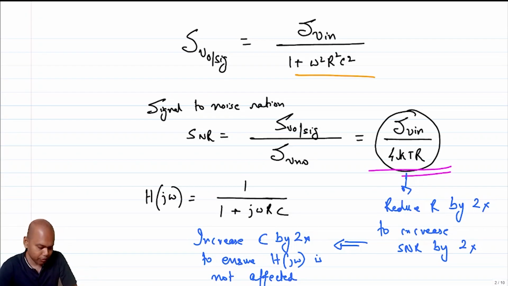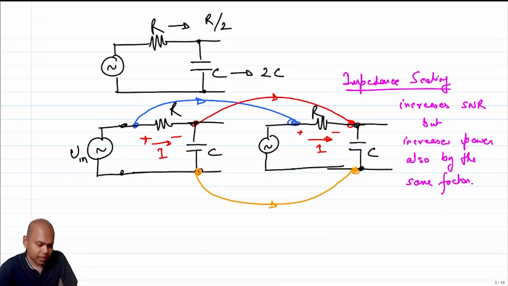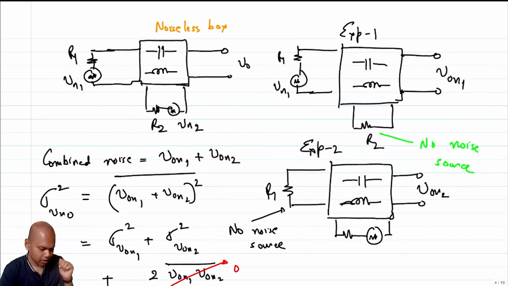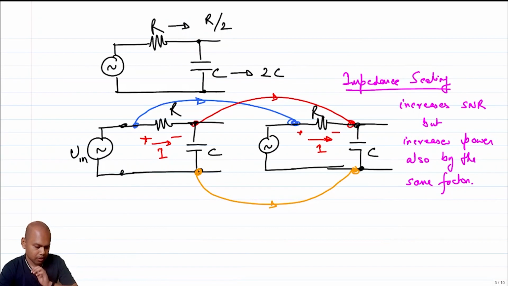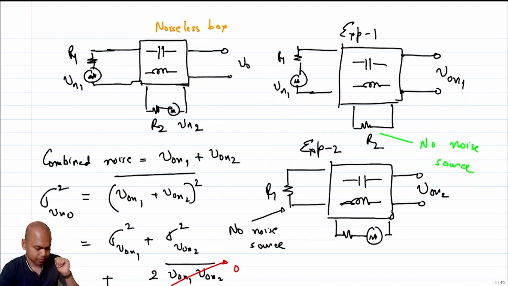But to increase it, I have to do impedance scaling, which essentially means I take a circuit, make a copy of it and connect it to the original circuit node by node. I'll simply find the SNR has improved by a factor of 2 or 3 dB. But what is the cost that we pay? The cost is that of power. The power will also double.